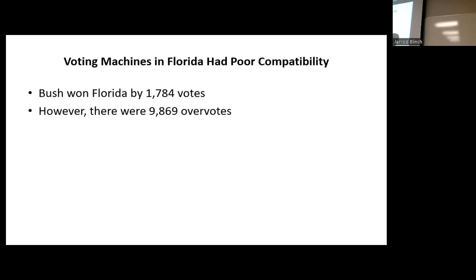So did 10,000 people go in and say, screw this? Probably not. These are likely individuals that got confused and made a mistake. And we're going to see that the ballot design was not very compatible. It was easy to get confused, especially in Florida, where everyone is at least 80 years old. That's what I've been told.